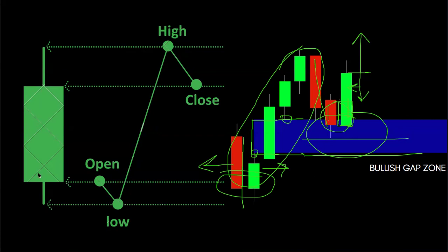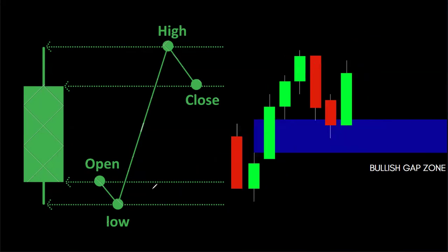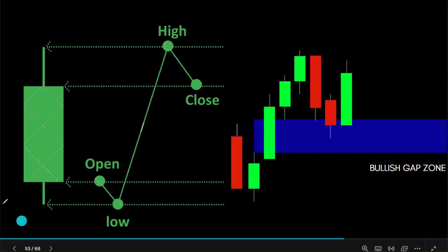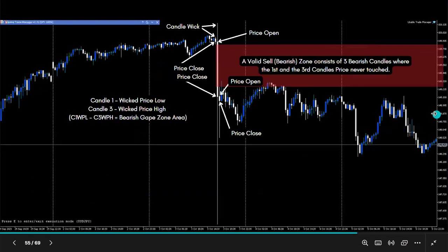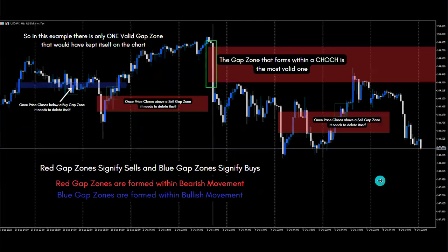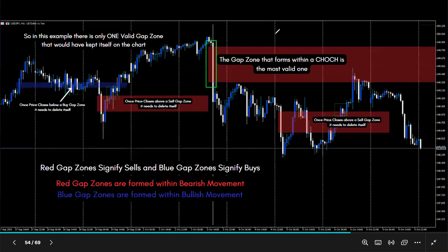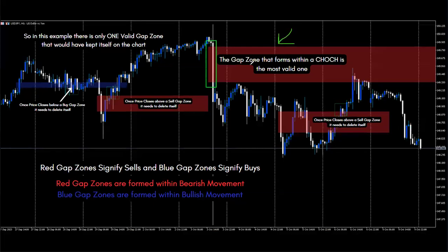So let's go into an actual example. Wrong one. Okay, we'll go to this one. So in this example, there's only one valid gap zone that would have kept itself on the chart, right? That's this one. And what I like about this one is that price was going up.